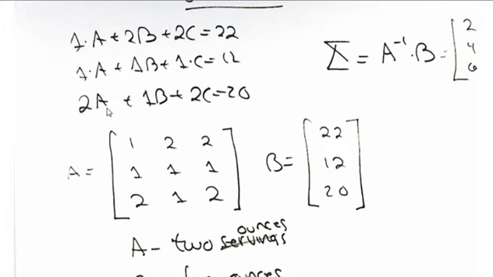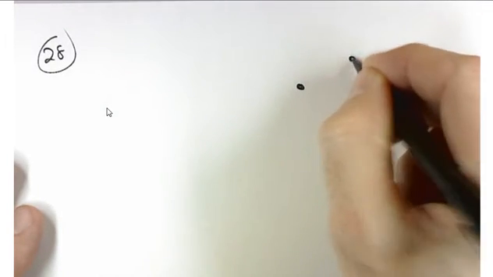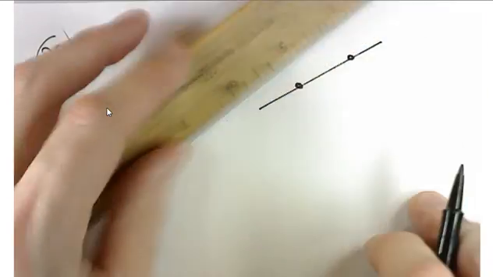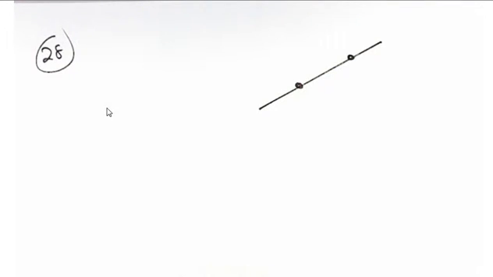Problem number 28. Now, I don't think it's going to surprise anybody that if you have 2 points, they determine a line. So if I draw any 2 points, I can determine a line.